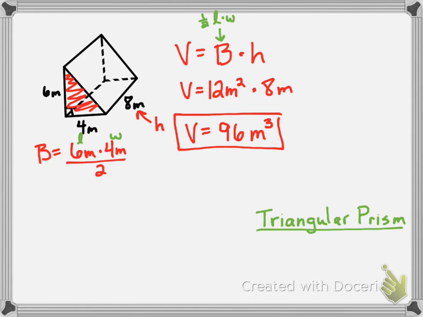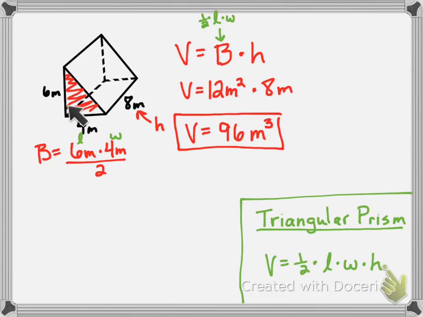So really this is just 1/2 times length times width times height. So we could write this volume as 1/2 times length times width times height. So for an explicit formula, you could just do length times width times height divided by 2, or times 1/2. Okay, again, you could use either formula you want.